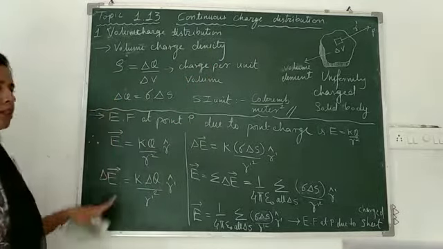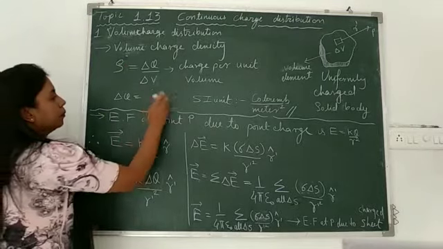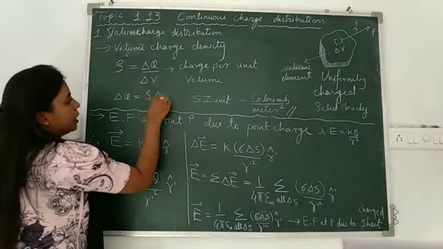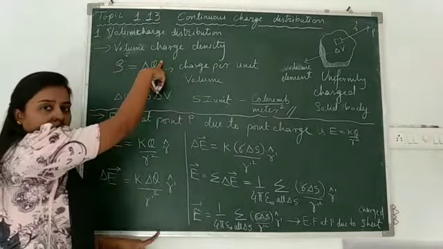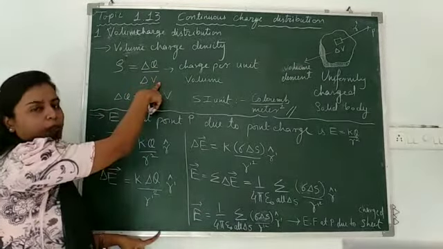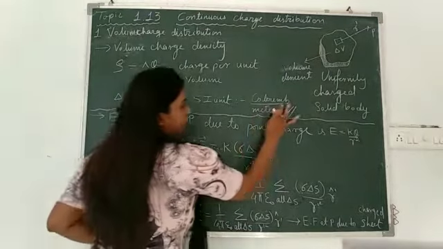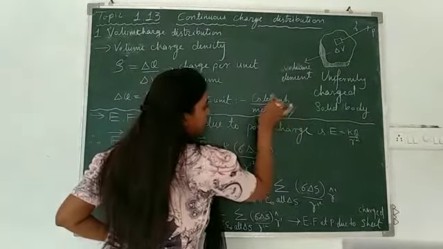So now delta Q from this formula will become rho into delta V. Now the SI unit, coulomb, and what is the unit of volume? It will be meter cube. So instead of meter square, now we will write meter cube.